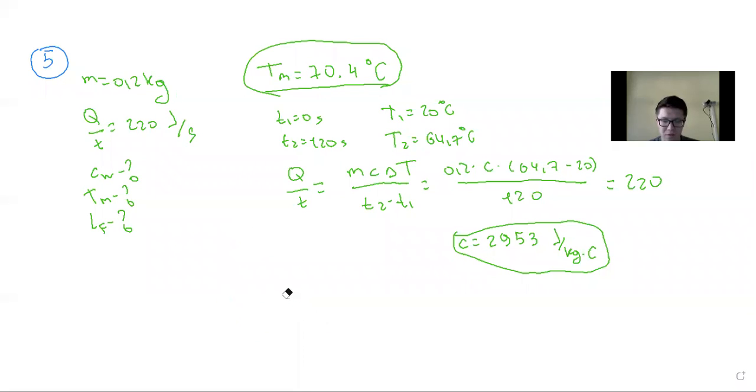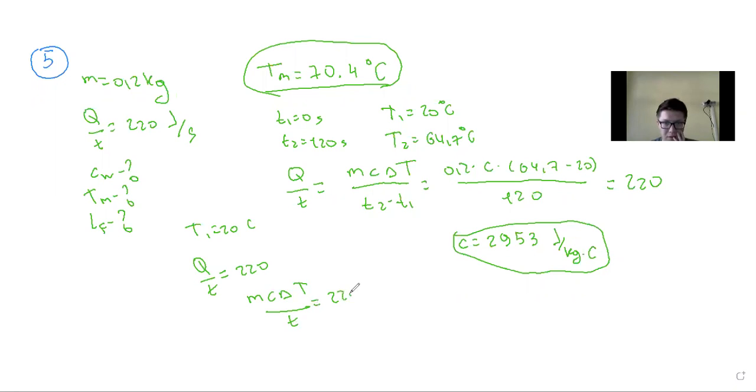First of all, we should find the Q, and we should take the whole period of time. And how do I find this time? First of all, we know that the melting point is 70.4, and the initial is at 20. And I use this formula, Q over t equals 22, and Q is M C delta T over time.